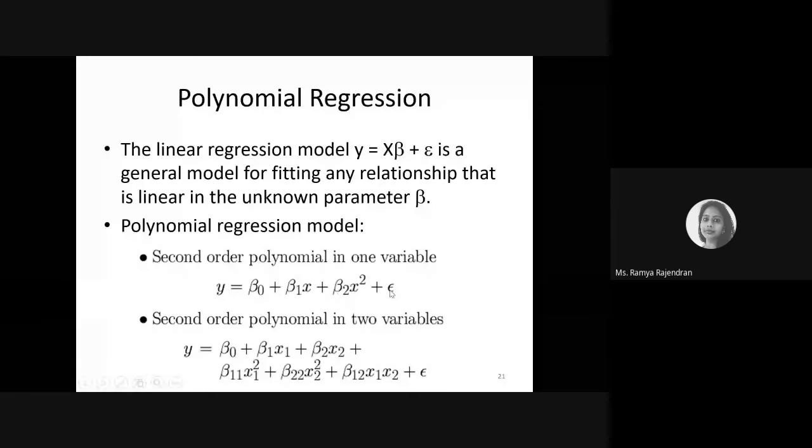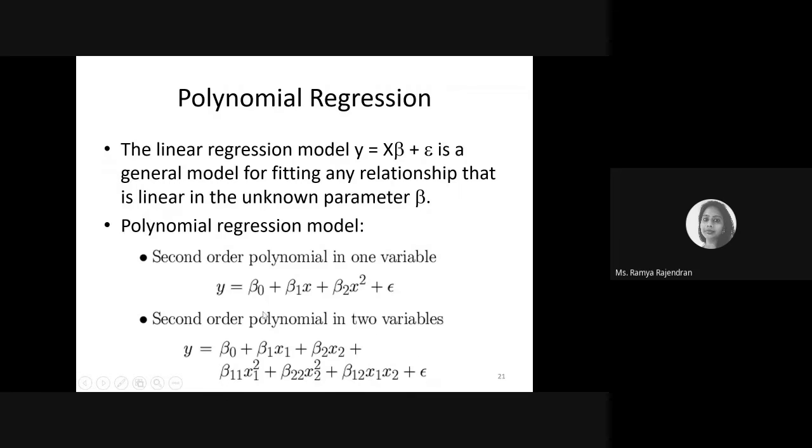Here you have a second order polynomial term, x squared. For a second order polynomial with two variables, we have beta naught plus beta 1 x1 plus beta 2 x2, where x2 is your second variable, plus beta 3 times x1 squared, the square of your first variable, plus beta 4 times x2 squared, plus beta 5 times x1 into x2, plus e, your error term.